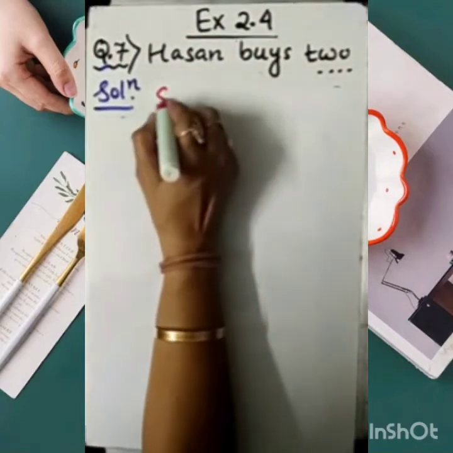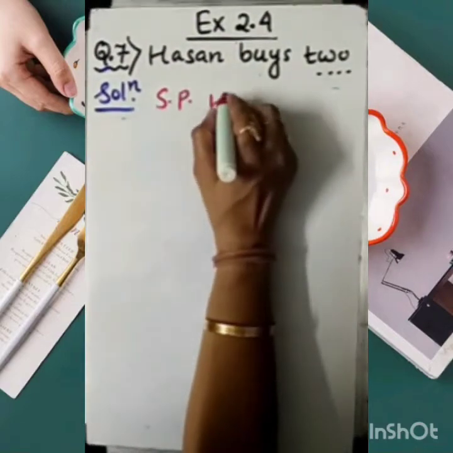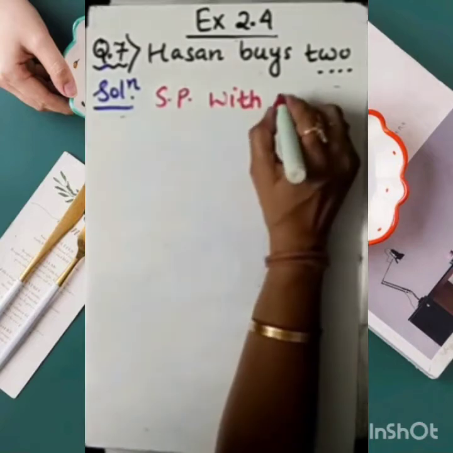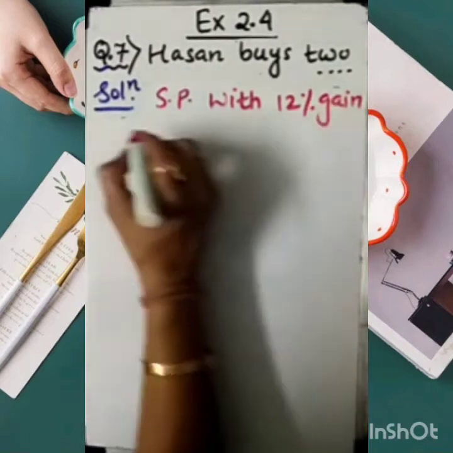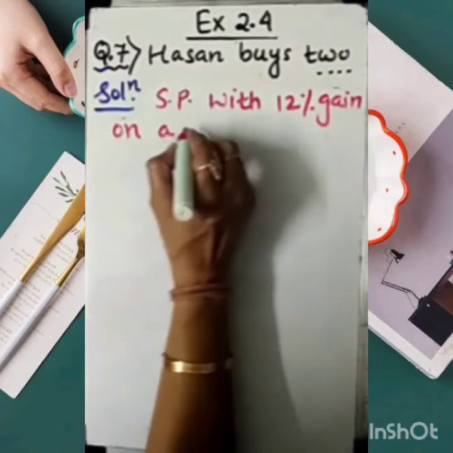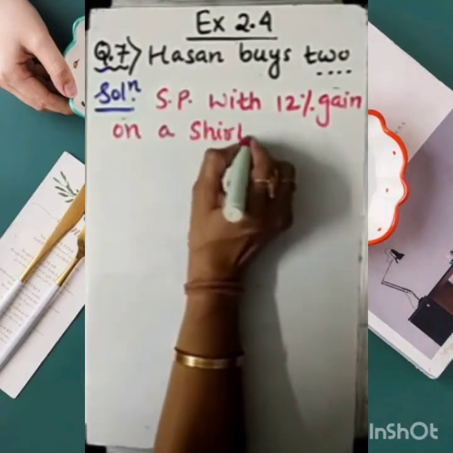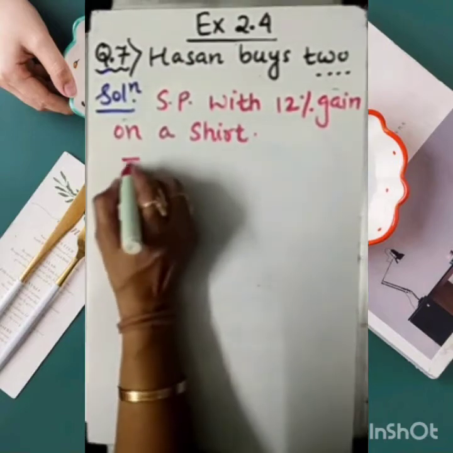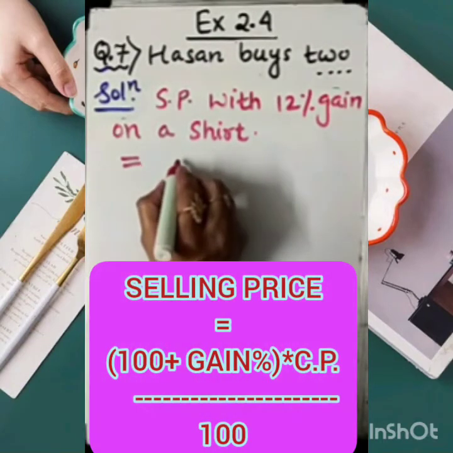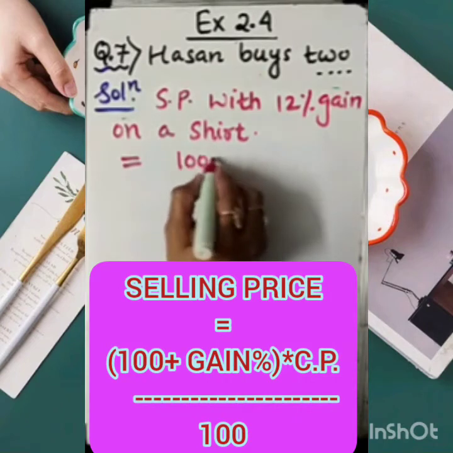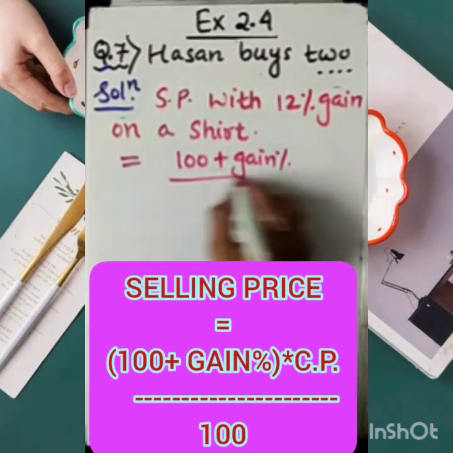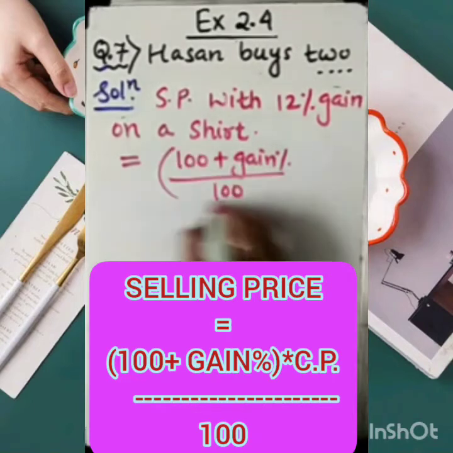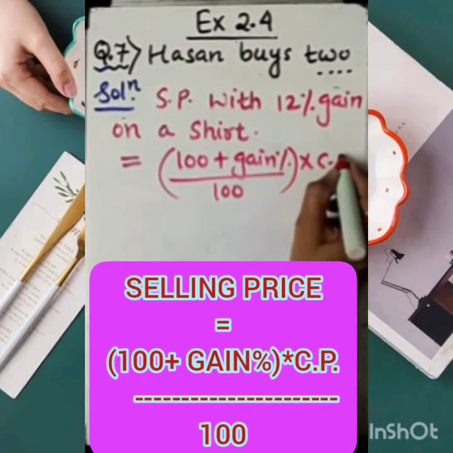Now, the selling price with 12% gain in profit on a shirt. Selling price for the shirt material, how can we find it? We know the formula is (100 plus gain percentage) upon 100 into C. This is the formula.